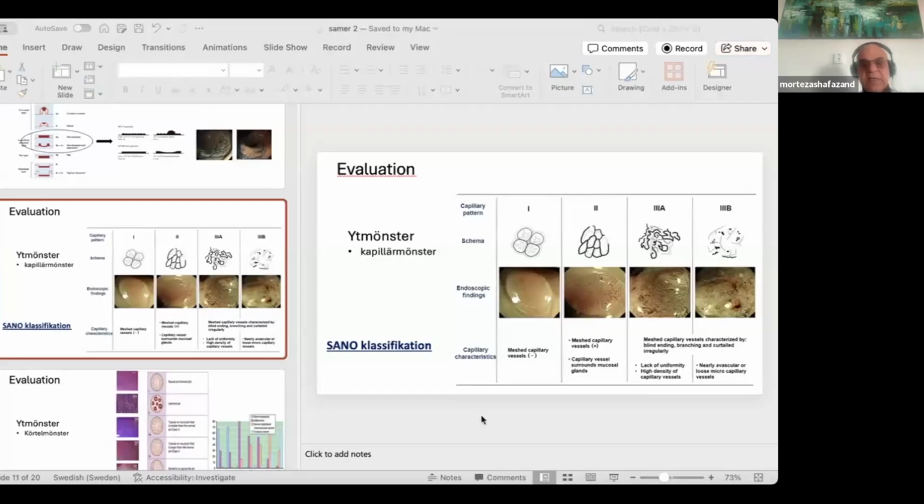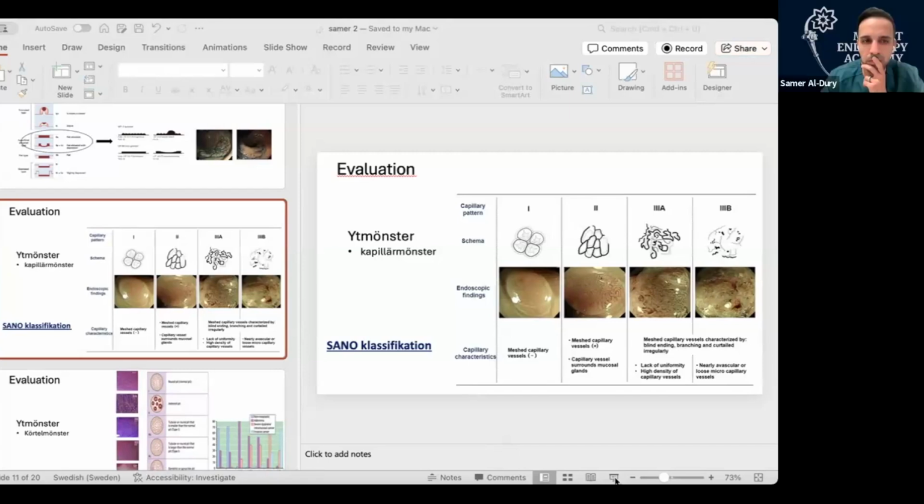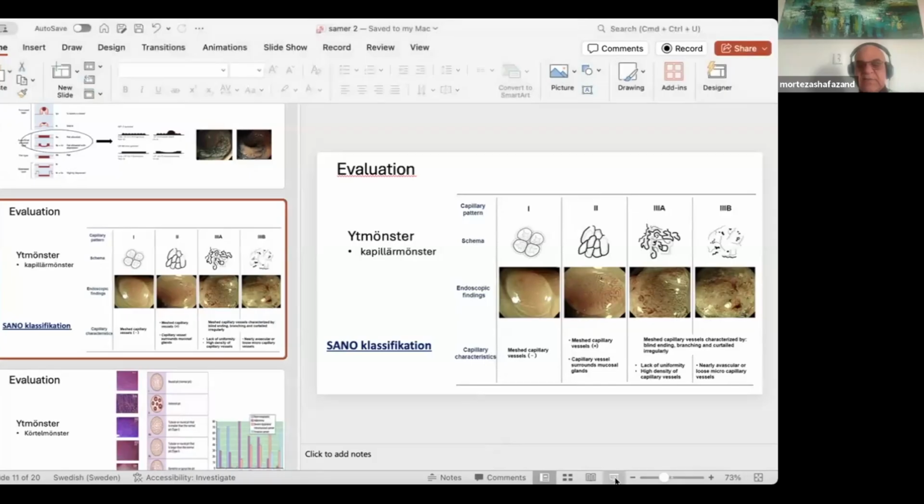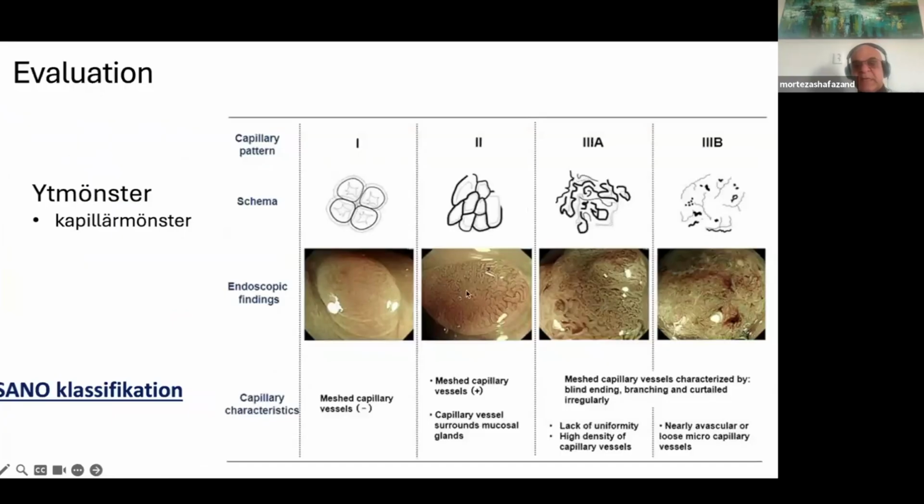If the vessel pattern is very regular, for instance, I can show you. Everyone knows the NICE. Let's see here if I can share with you. Do you see my picture? The Sano classification was the one that came before the NICE, so that's only based on the vessels.